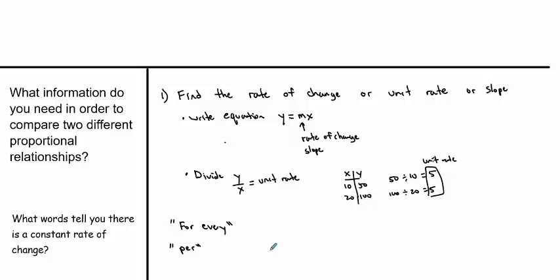Like miles per hour? That's a unit rate. $7 for every hour. What's any other words you know? If you think of any, go ahead and put them in here. But these are some common ones: for every and per.